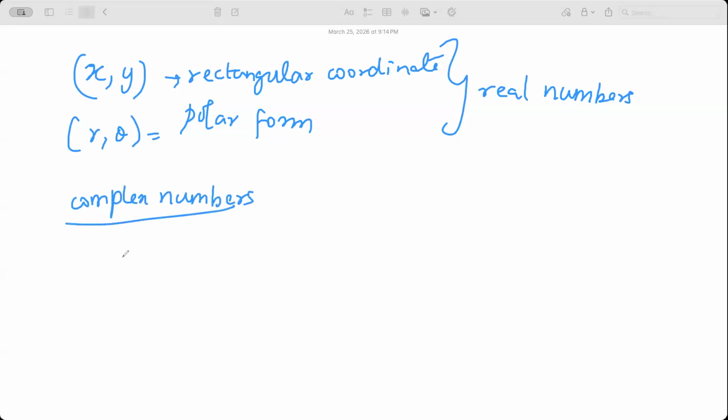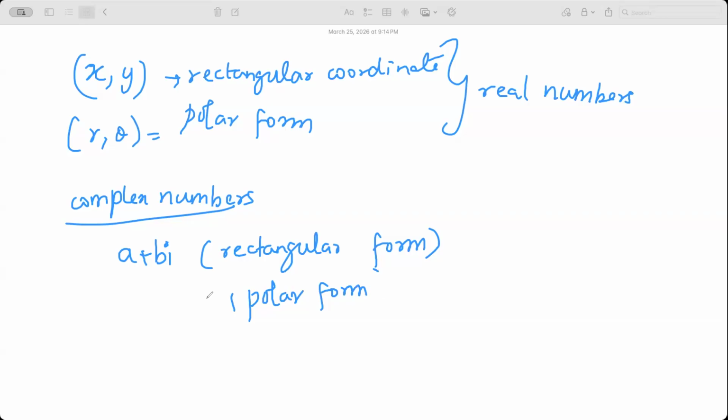Okay, complex numbers you generally write it down as a plus bi. Even the rectangular form is written in the format a plus bi, right? Now the polar form is not just r comma theta. Instead, it's written as r cos theta plus I r sin theta.